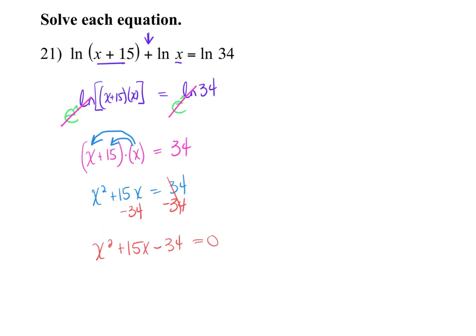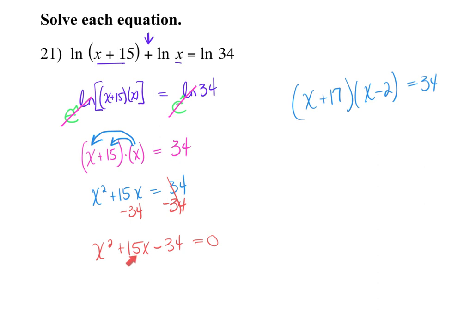Factors of 34 that subtract to give me 15. 2. Yeah, 2 and 17. Which one's positive? To get a positive 15. Yeah, the 17 will be positive. The 2 will be negative. You can check it. 17 and negative 2 multiply to give you negative 34. 17 and negative 2 add to give you 15.